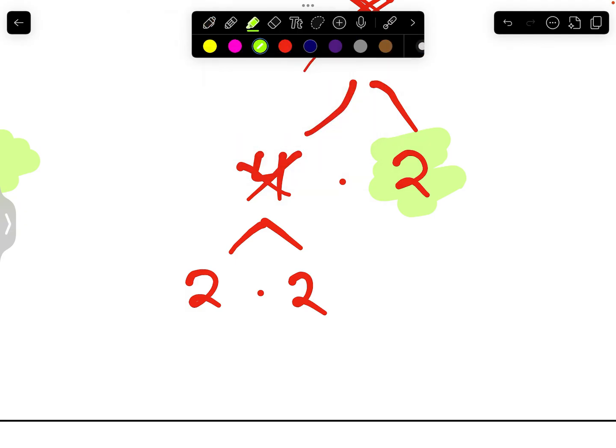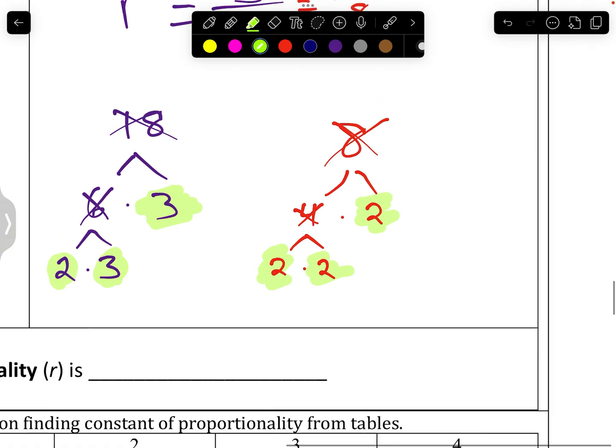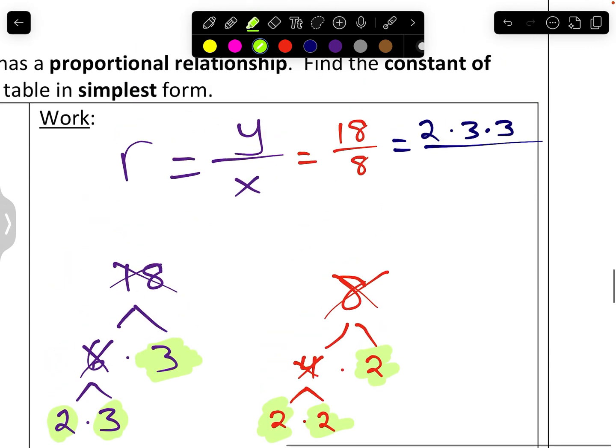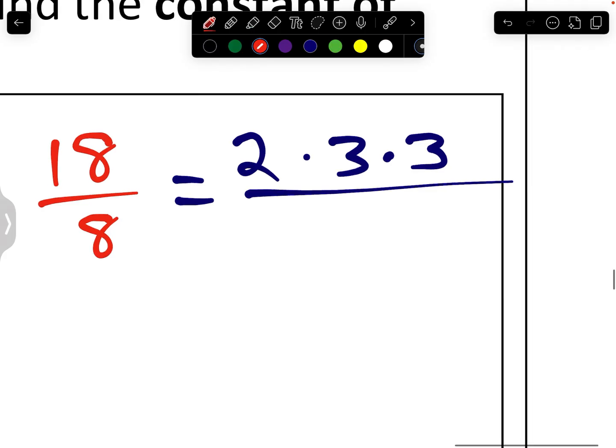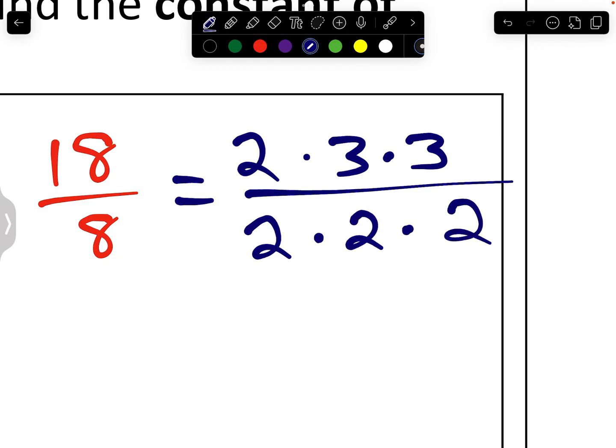And you'll start to notice that you're going to know when to stop because there's not very many prime numbers that you can use. So we've got a 2, a 2, and a 2.